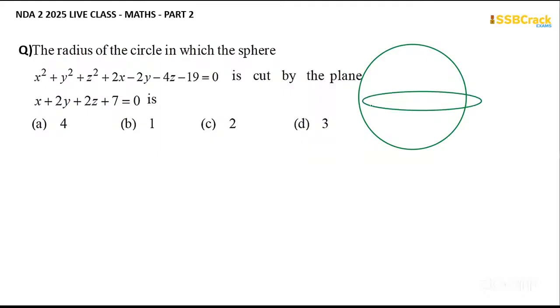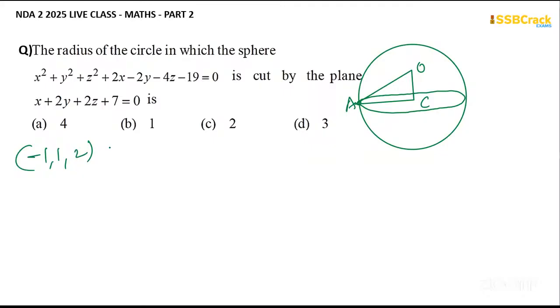Say it is O, it is C, and it is A. From the equation, we can see easily that the center of the sphere is (minus 1, 1, 2).